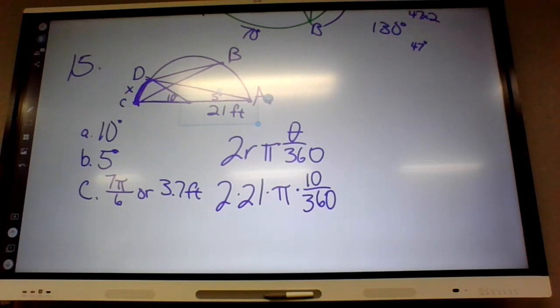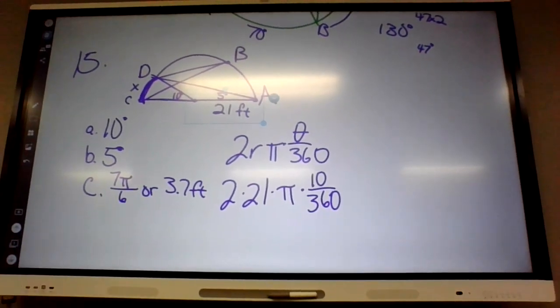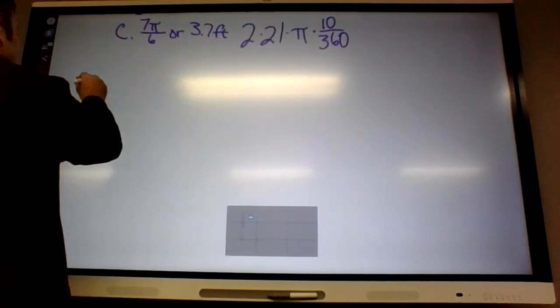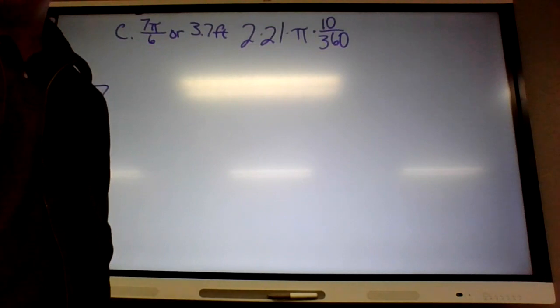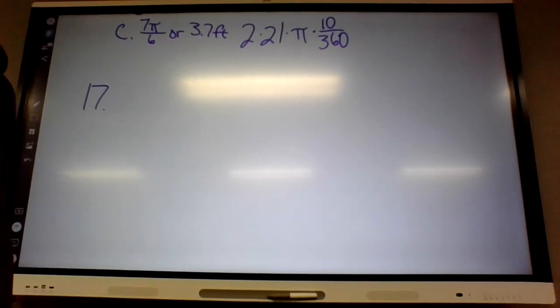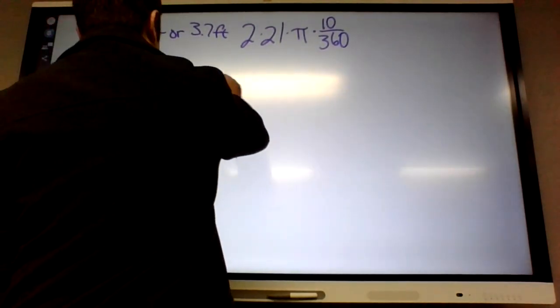Number 17. I'm going to draw this again. Looks kind of like a box.